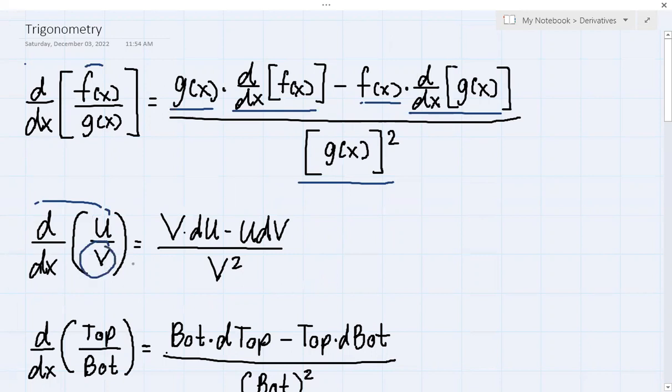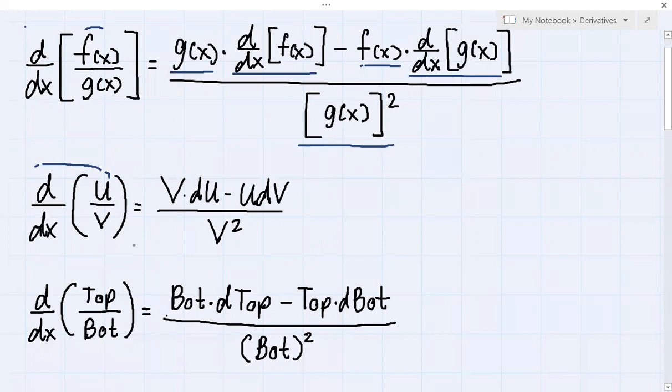Si V, siyang nasa denominator. So, ang derivative ng U all over V ay magiging V du minus U dV all over V squared. Ganito ang mangyayari. Okay, this would be the scenario if we use U and letter V, wherein your U is the numerator and your V is the denominator.